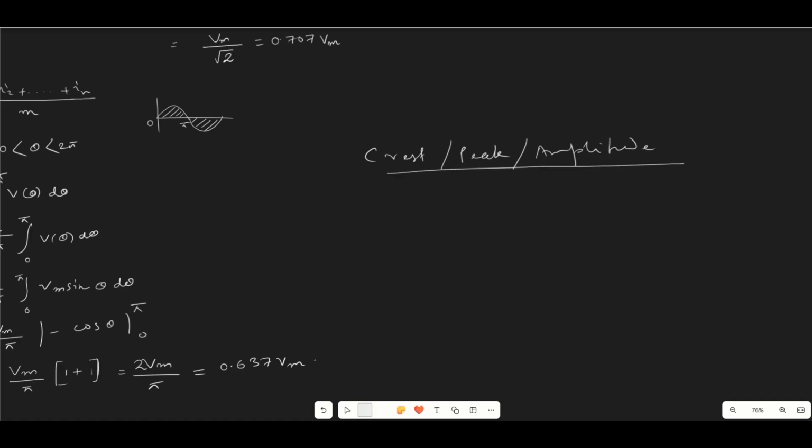So what is it? It is the peak factor, given by the symbol Kp. It is given by the maximum value by the RMS value. That means it is a ratio of maximum value to the RMS value. Then the next terminology is form factor.